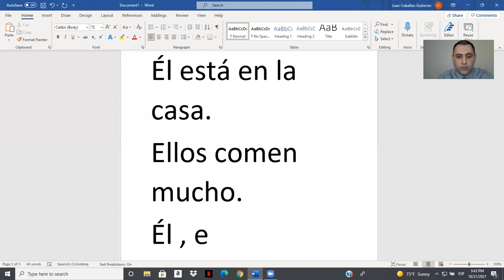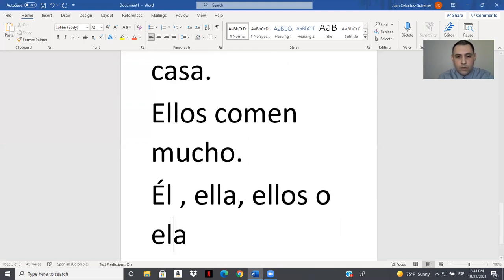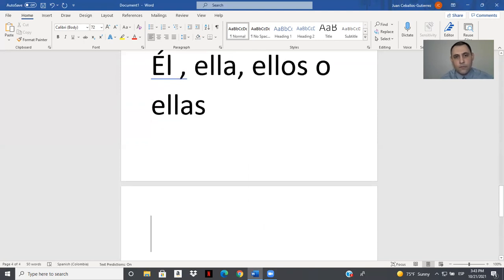You cannot use ella, or you cannot use ellos or ellas. These four cannot be used to describe or to replace animals or things. Okay, él, ella, ellos, and ellas are only used for people or pets.